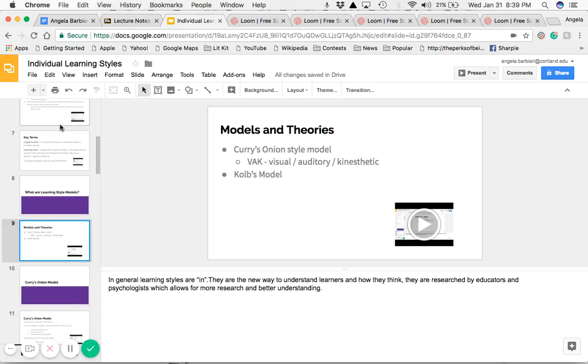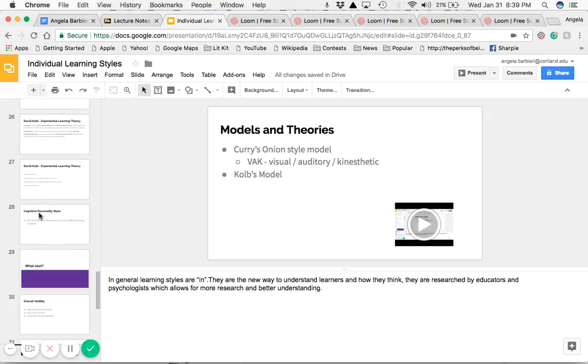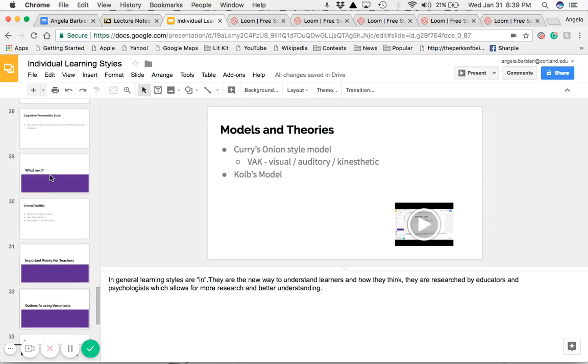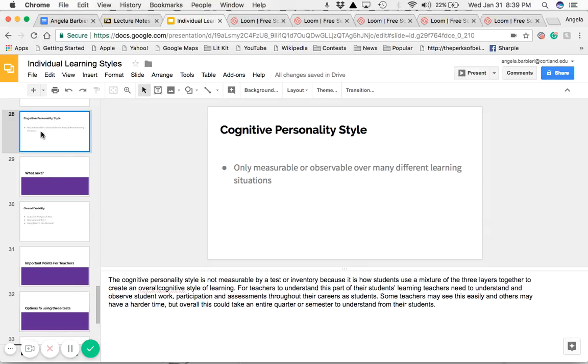It really goes into what students use all together, what pieces of each part that I spoke about are used together to talk about their overall cognitive abilities in the classroom.